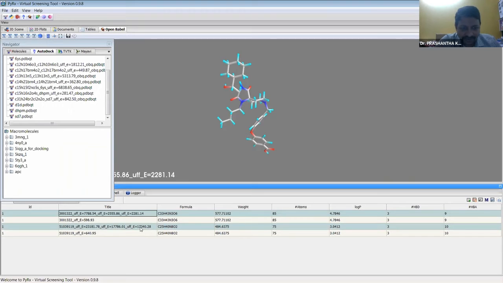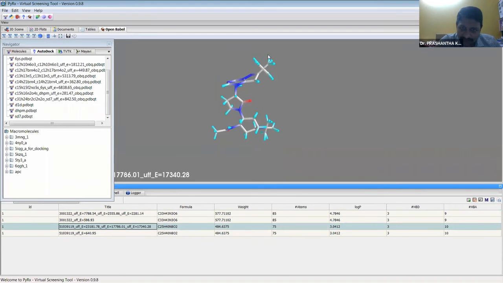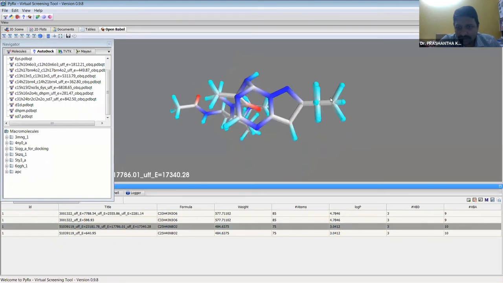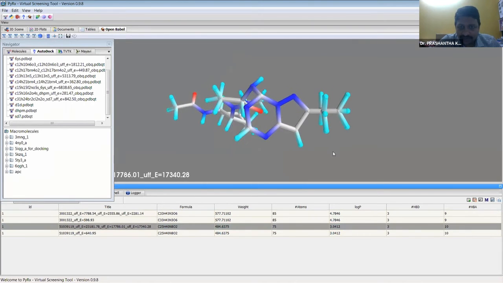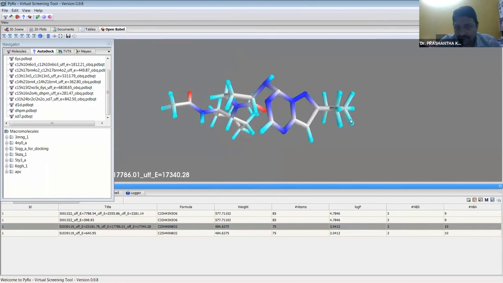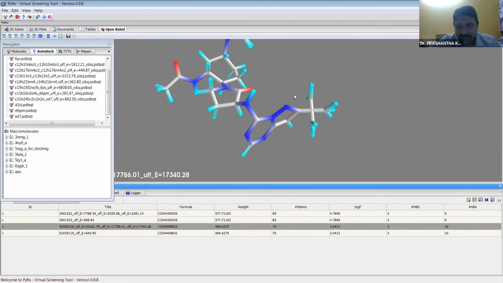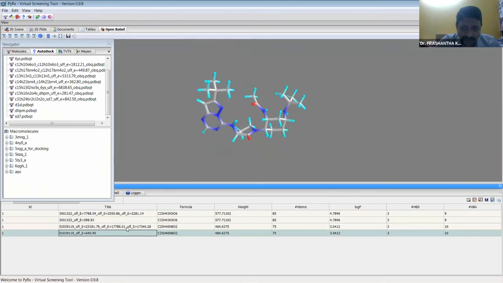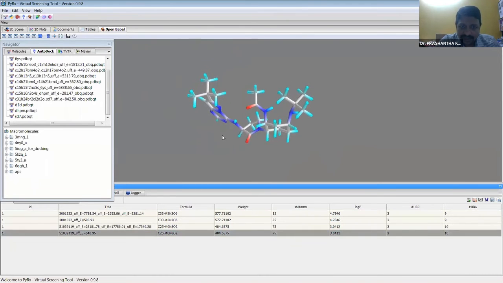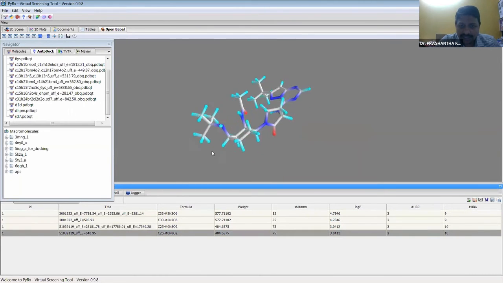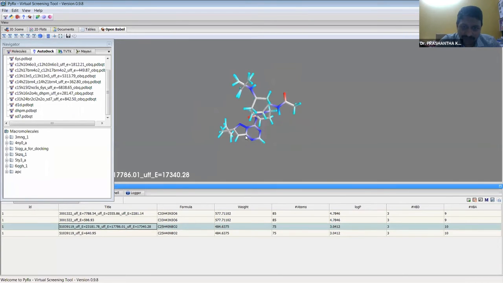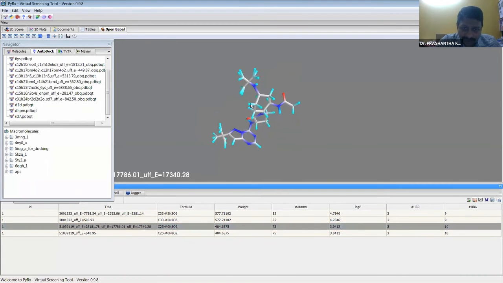Again, if we look, still it has not reached the conformation that we want, because from our chemistry background you can easily make out the structure is something like this. This is the fused ring system.